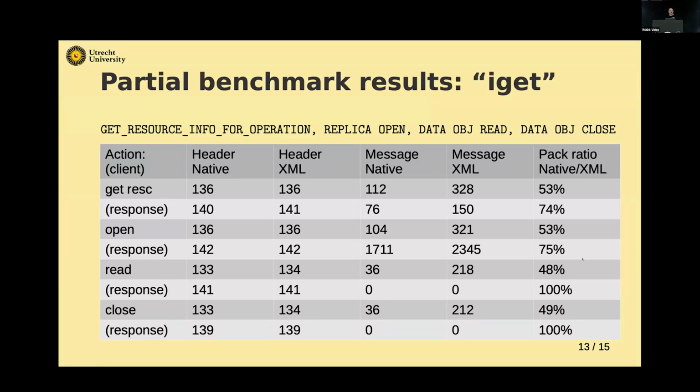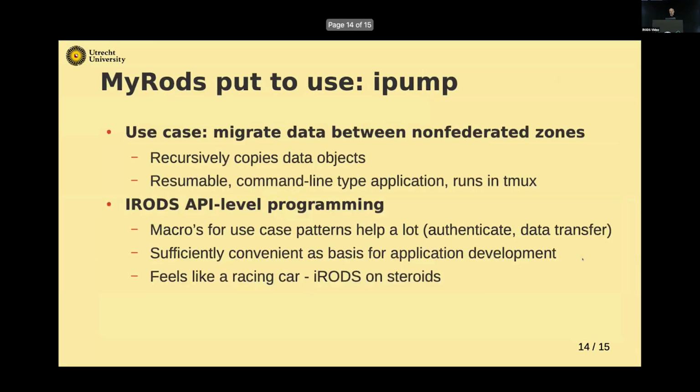Still, if you have to open the replica, you have to close the replica, so there are multiple API calls involved. And actually you see that some of those API calls also, you would gain like 50%. So this is quite dramatic. I mean, even sending data objects across, the replica content across, is a significant thing.